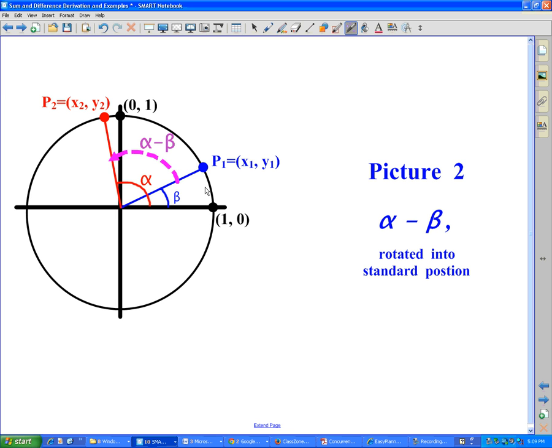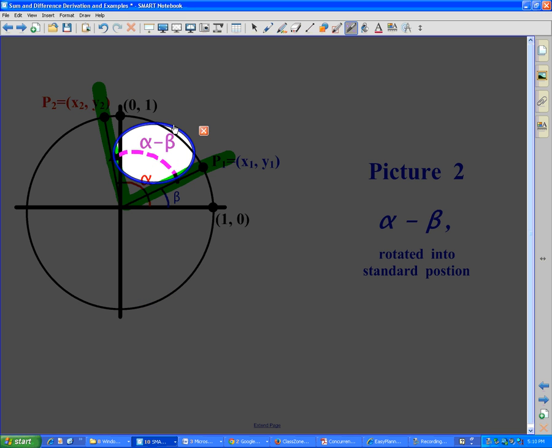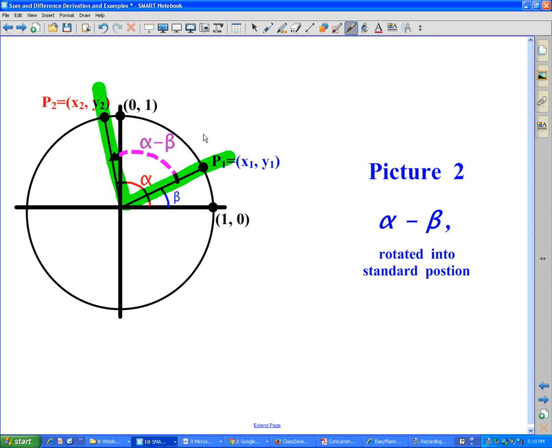The difference between them, and so this is what we're really talking about right here, guys. This is the angle alpha minus beta. This is this pink rotation right here, alpha minus beta. That's the value that we're interested in finding, the value of that ratio, which can be pretty tricky if we left it in this current position.